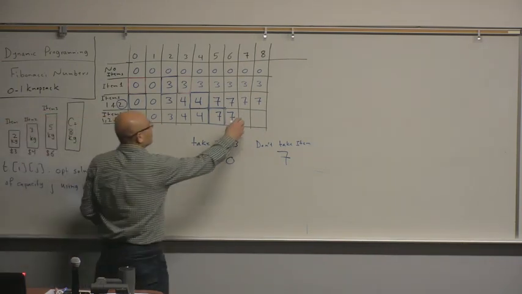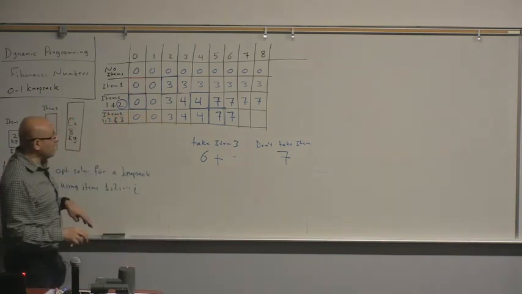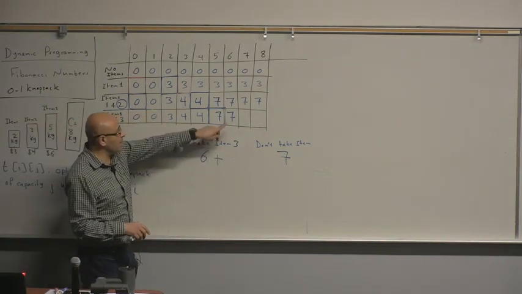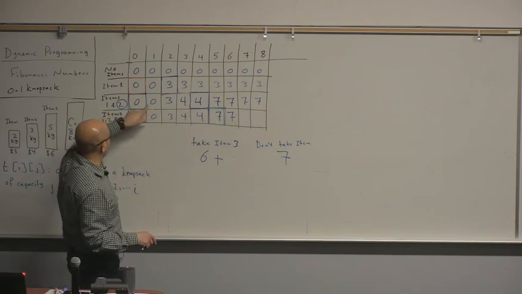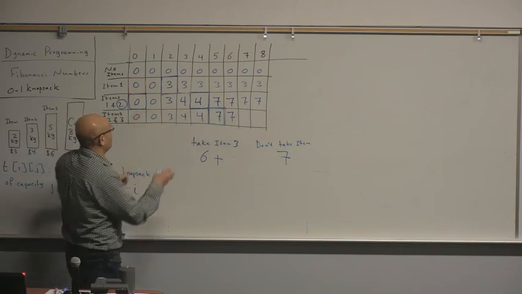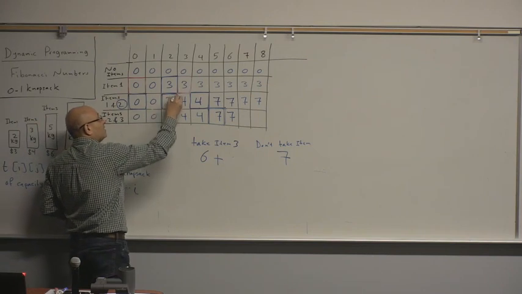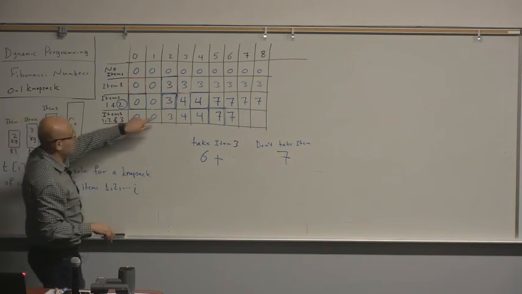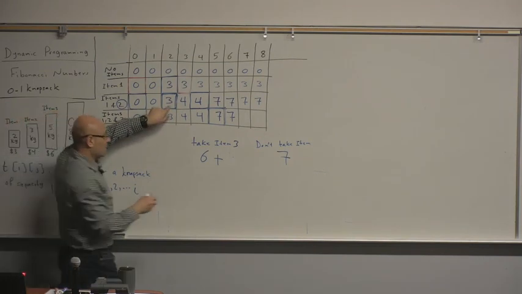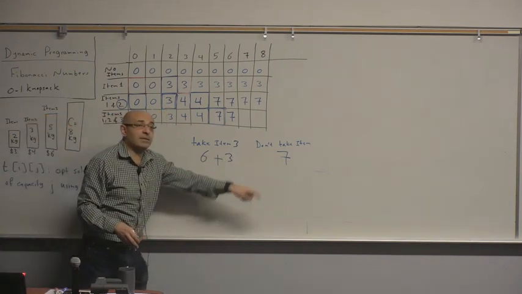But here, I will have 6 plus a remaining capacity of, what's the remaining capacity here? 2. So with the remaining capacity of 2, I look at this square. It tells me that with the remaining capacity of 2, you can fit a value of 3. So then I can get 6 plus 3. And 6 plus 3 is better than 7.